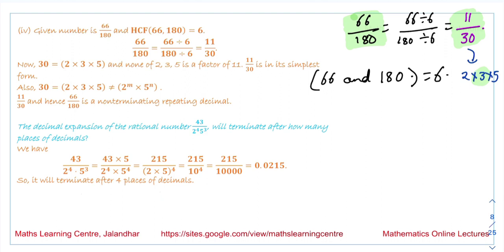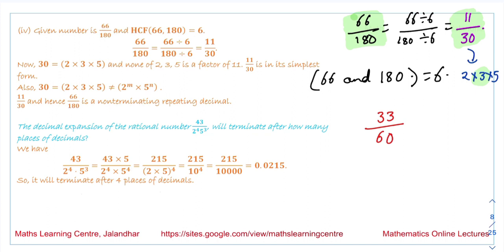It is important to note here that we have to simplify the number to find the answers. This will be more clear if I take the number 33 over 60.